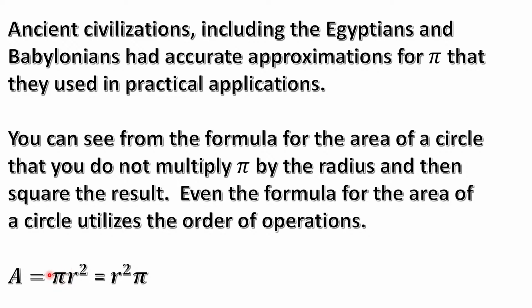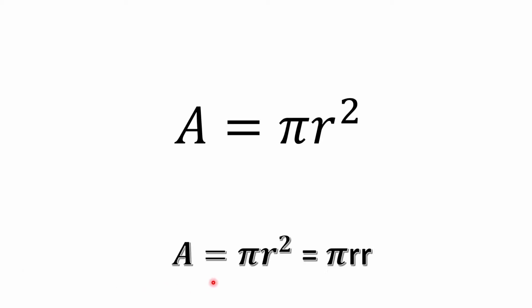Whenever you see this formula, it's always written as area equals pi times the radius squared. So A equals pi r squared is identical to r squared pi, or r squared times pi. Same thing. It's a pretty old formula, right?